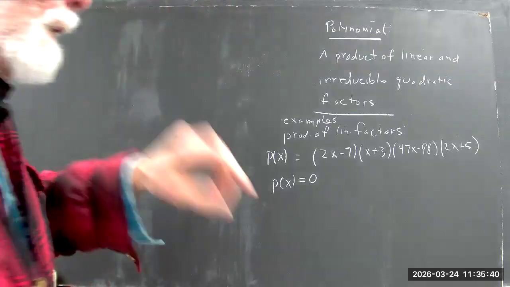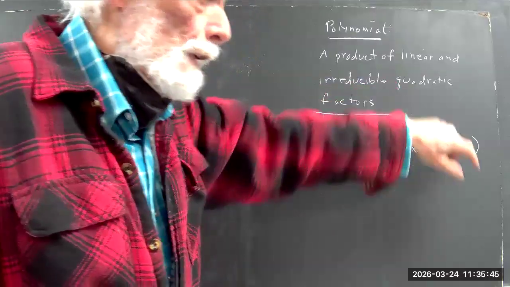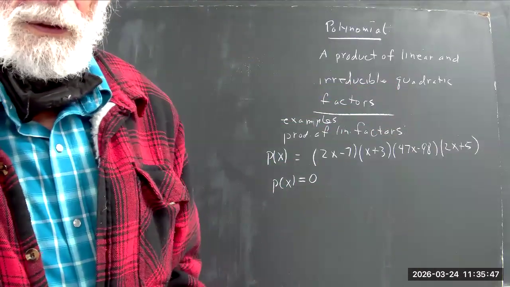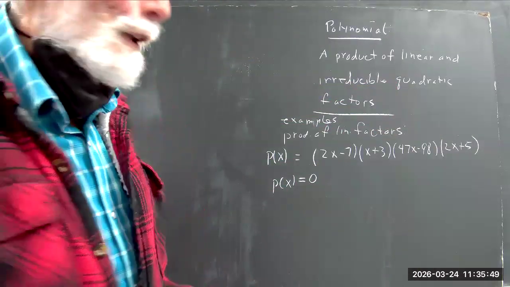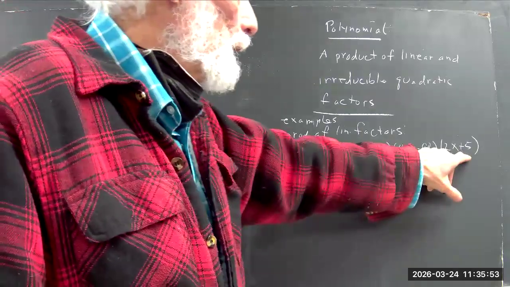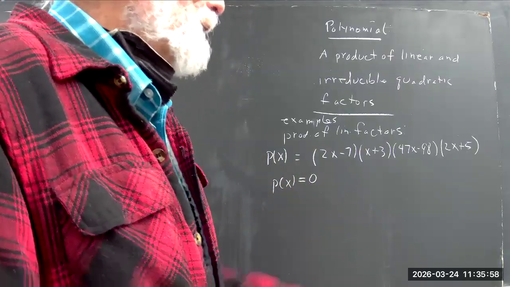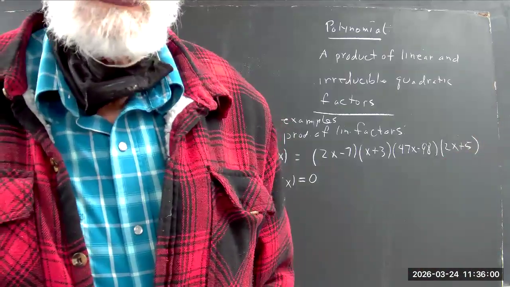You let X equal 0, you're going to get just -7 times 3 times -98 times 5, right? You can multiply it out in your head real easily. Okay? Not that easy, but that'd be -21. That'd be -105 times -98, which is around 10,000 something.